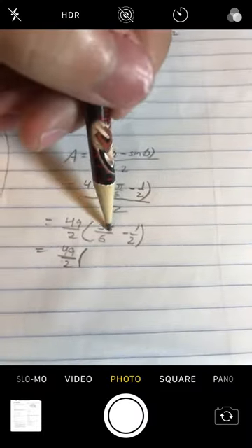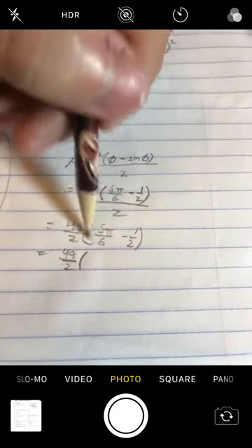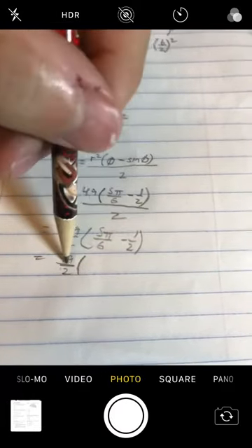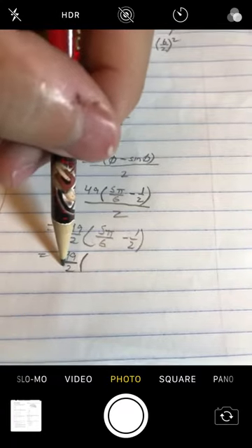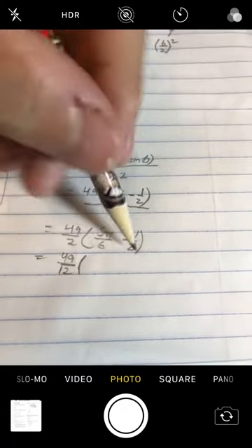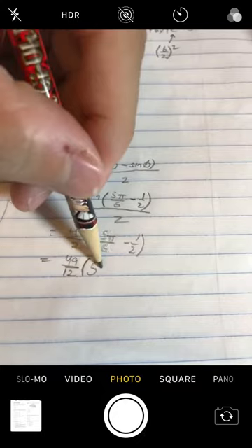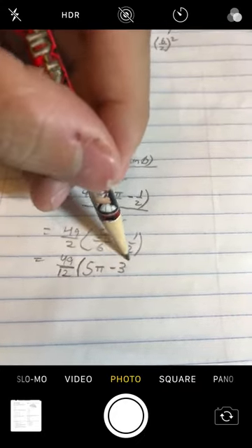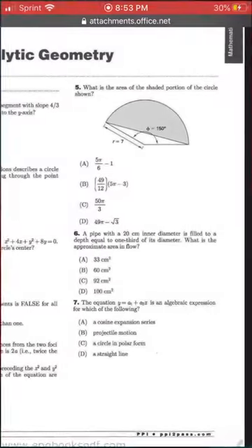If we times this entire quantity by 6, we've got to divide the other fraction by 6 to keep it equivalent. So minus 5 pi minus 3. So that answer comes out to be B.